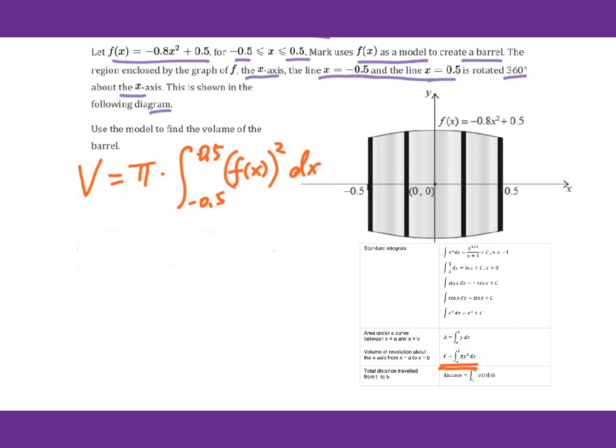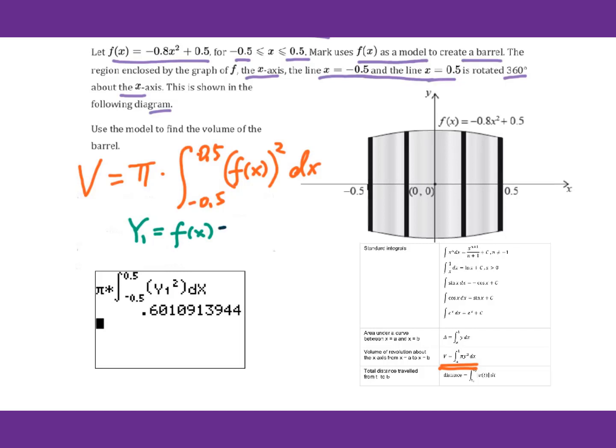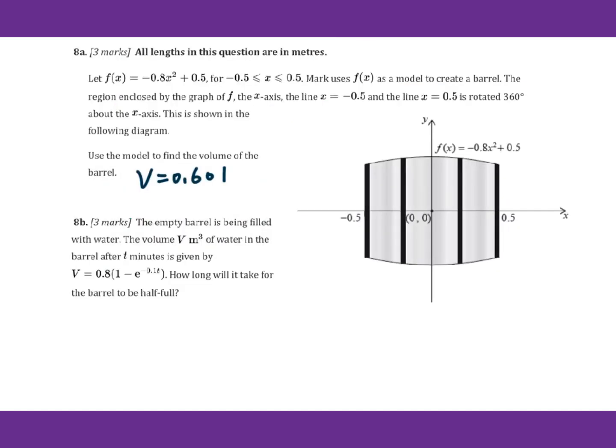So we put it into the calculator first. We make y1 equals f of x. Make sure your y1 equals -0.8x squared plus 0.5. Then we put it into the calculator like this. You will get the volume equals 0.601.